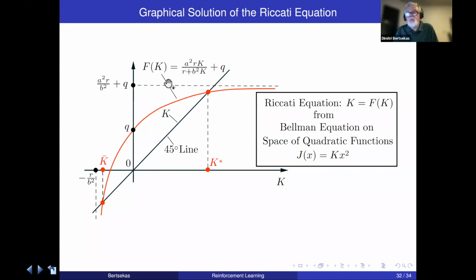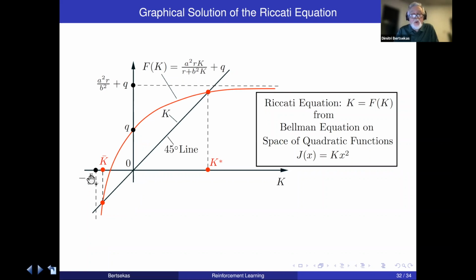Moreover, it approaches asymptotes, okay? On the horizontal, it approaches an asymptote when K goes to infinity. You can calculate the asymptote from this expression.